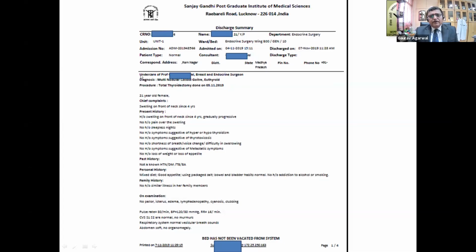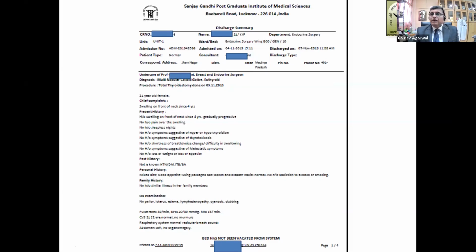I feel it's a good idea to start with the name of the doctor who has seen the patient, and in fact, in many units or departments, the name of the residents who have managed.